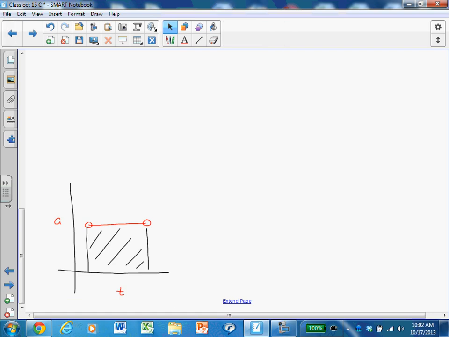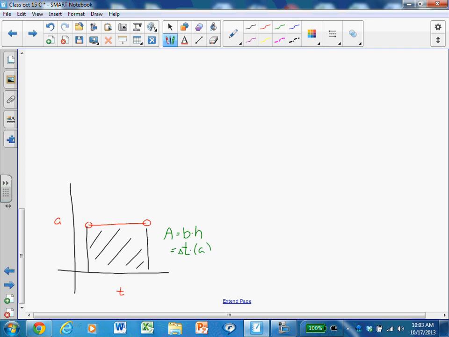It's a rectangle, right? So base times height. And our base is what? T, and our height is A. And delta T times A is just our change in velocity.